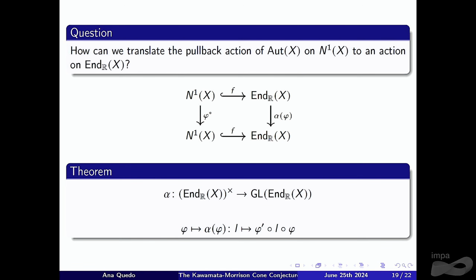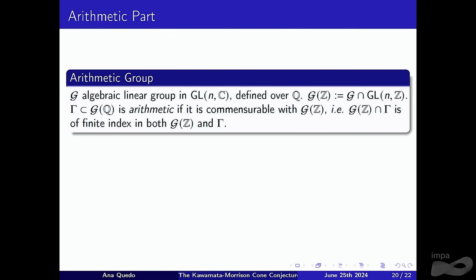And in fact, yes, it also involves the Rosati involution in its definition. So I take an element L to phi prime, composition to L phi. And basically, the last part, I will try to say quickly.